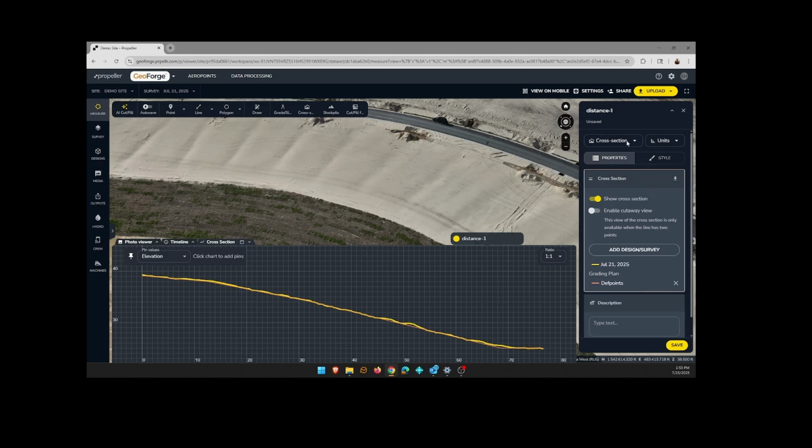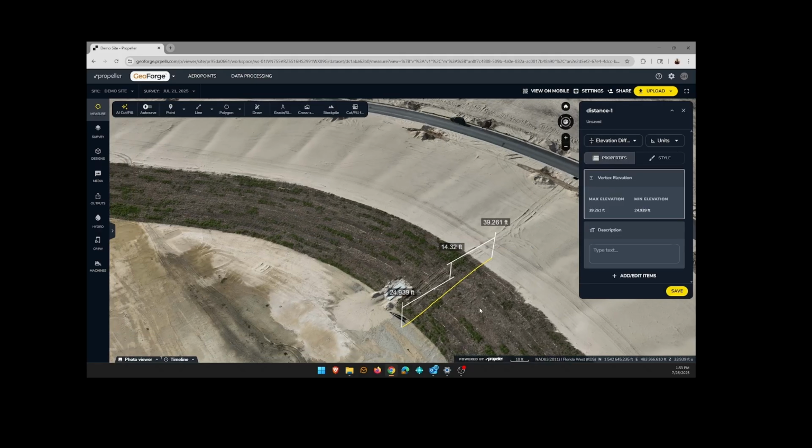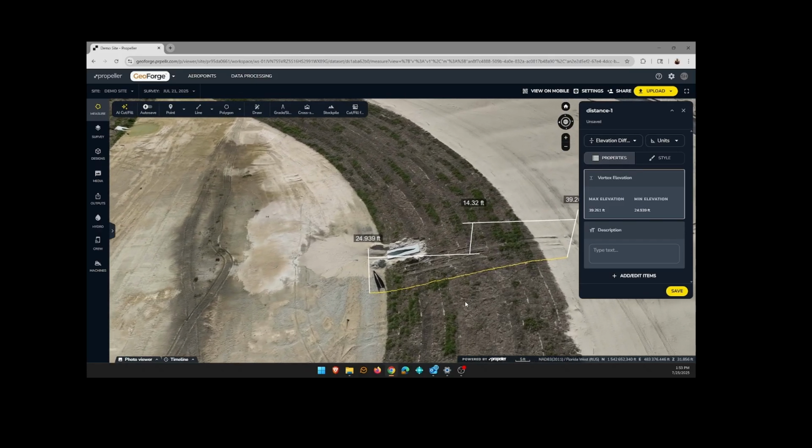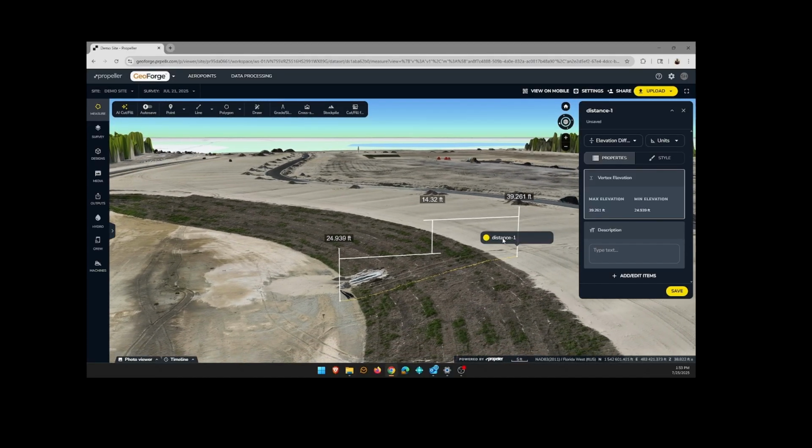Okay, let's go back over and do an elevation difference. An elevation difference gives us a different way of looking at things. It's saying that the elevation of this point is 39.261 feet, and the elevation at this point is 24.939.